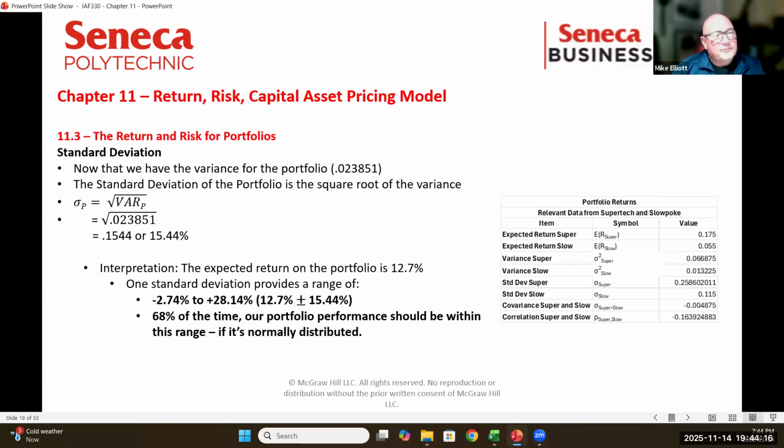Or 68% of the time, we're going to be between a return of minus 2.74% and plus 28.14%.